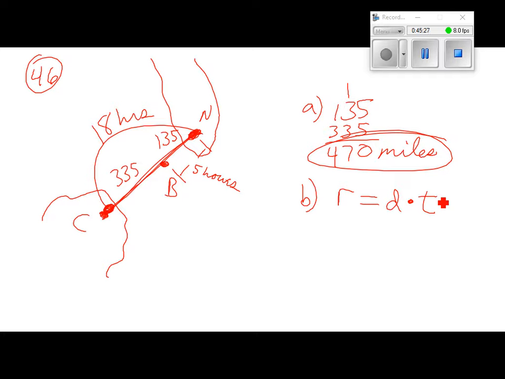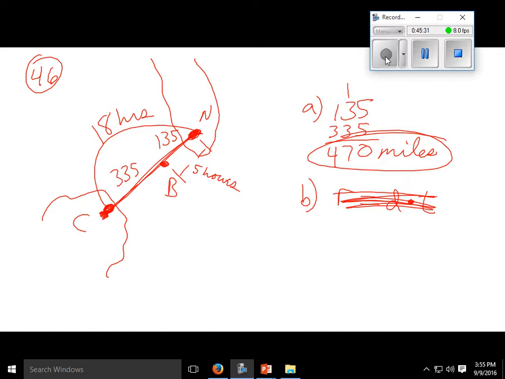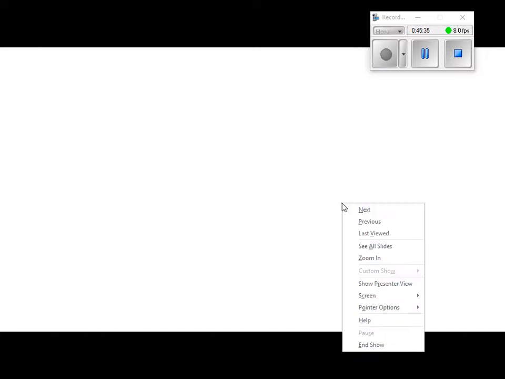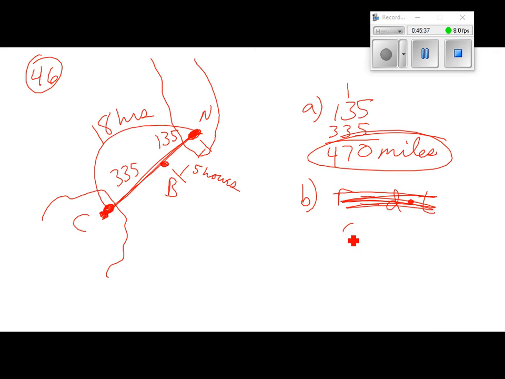That's wrong. Now I wrote that formula wrong. It should be distance equals rate times time. I don't know how I messed that up.